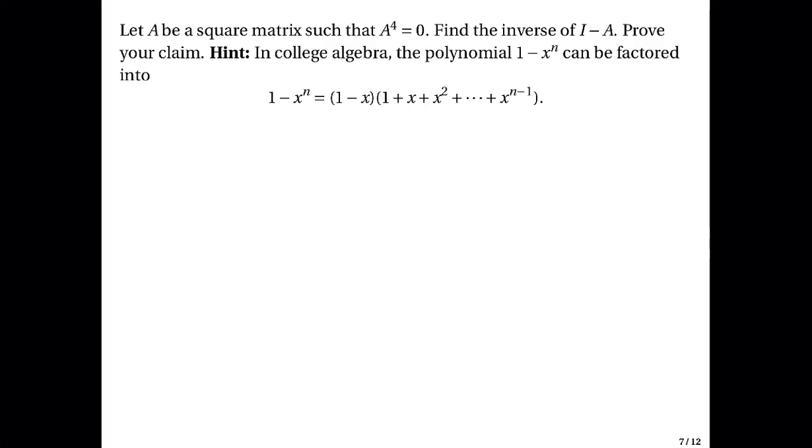So for this, we let p of x be equal to 1 minus x to the 4. And according to this, this is equal to 1 minus x times 1 plus x plus x squared plus x cubed.